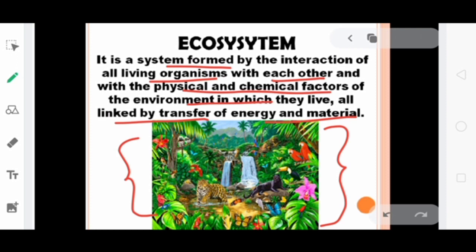We have learned in the smaller classes about food cycle, where the animals depend on each other. Animals depend on plants, plants depend on animal droppings, so they depend on each other. The relation between the living organisms as well as the relation between the organisms and the surroundings form an ecosystem.